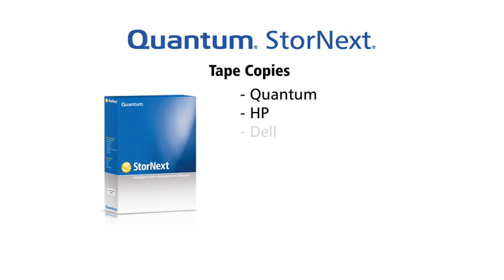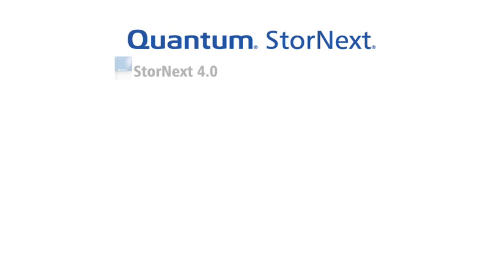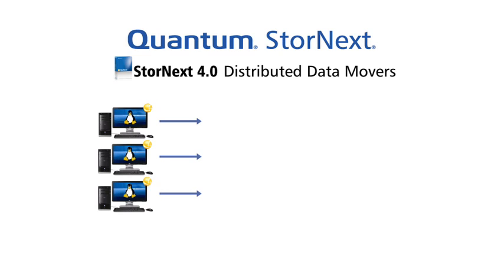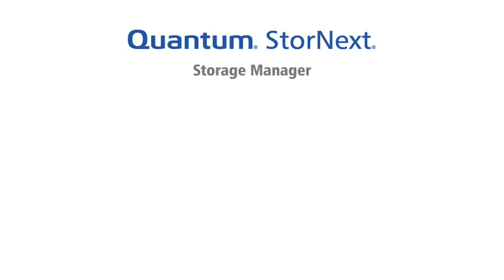StorNext Storage Manager supports the widest range of tape devices in the industry. Enabled in StorNext 4.0, Distributed Data Movers enables the I/O to be spread across multiple servers, thus increasing read and write performance and making the data highly available.